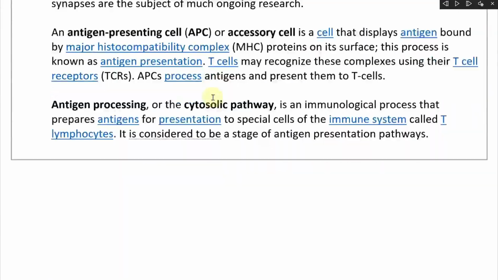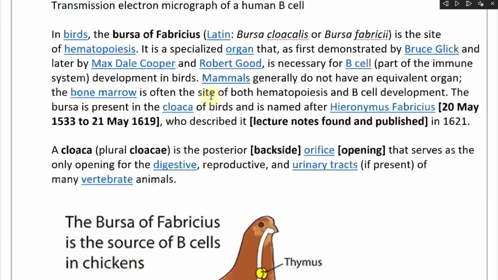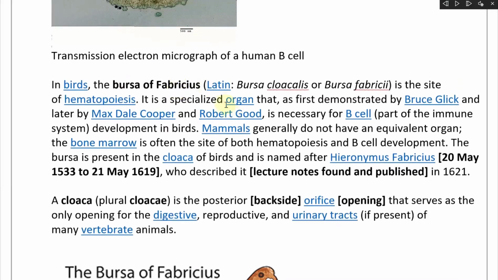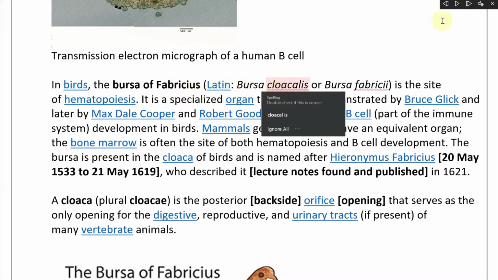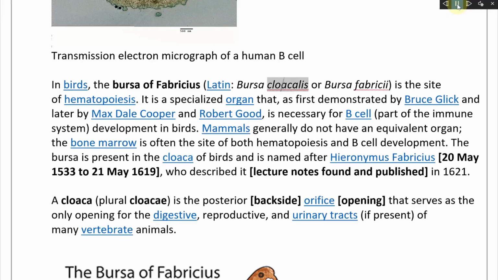So let's go over that Bursa right here. In birds, the Bursa of Fabricius, Latin bursa cloacalis, or Bursa Fabricii, is the site of hematopoiesis.